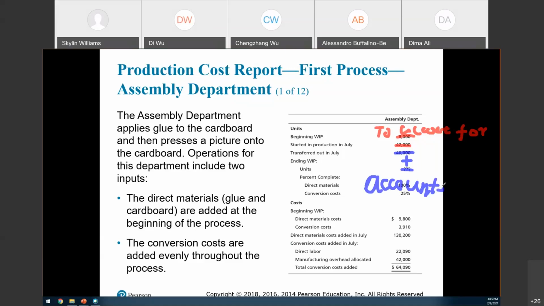So the numbers marked in blue are the units accounted for. 40,000 plus the question mark should equal 50,000. So the question mark equals 10,000.